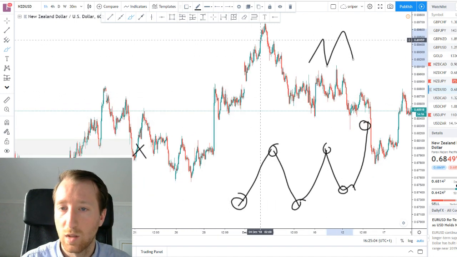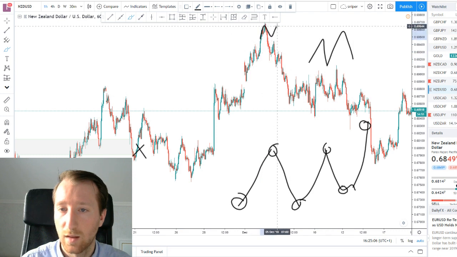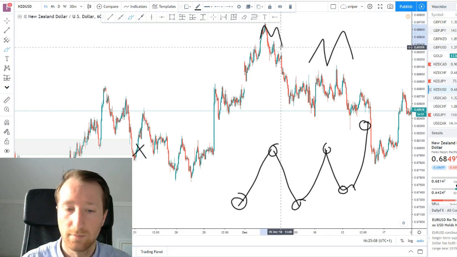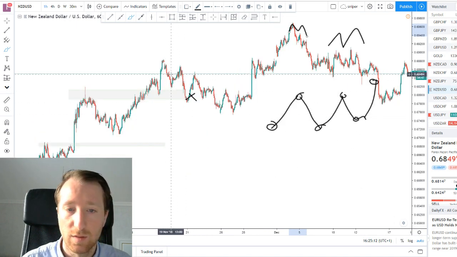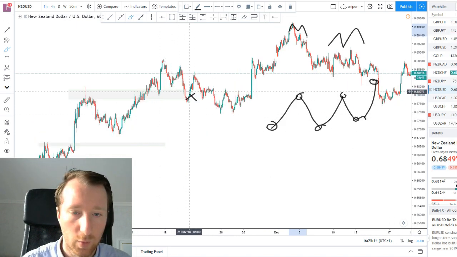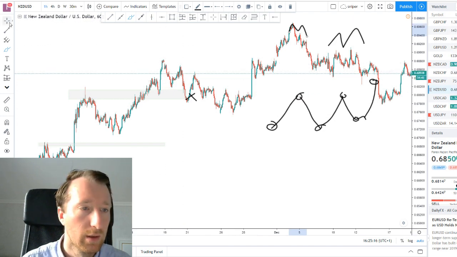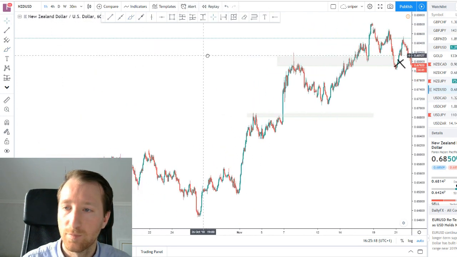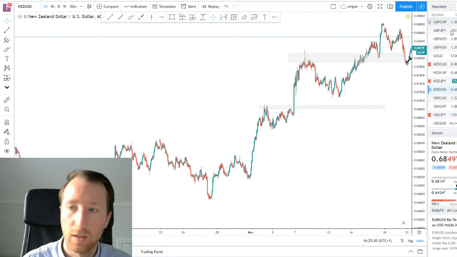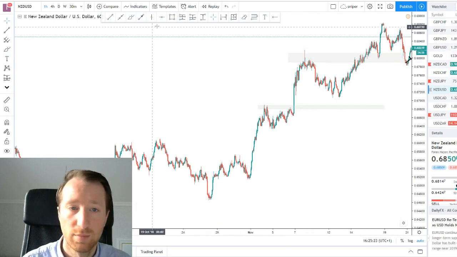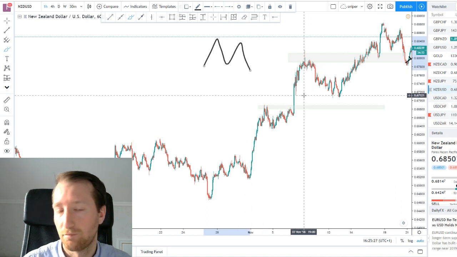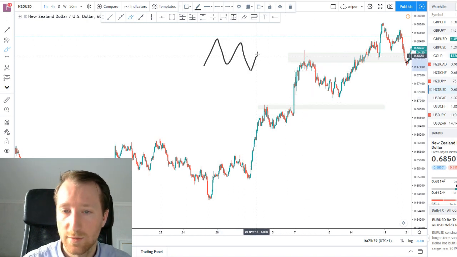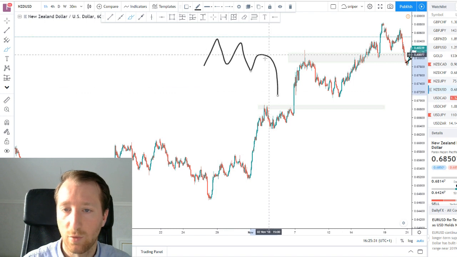So I would love the price to do this, this, and then fall. Then I'm in. Okay? You can also agree that if you were looking at only this right now, you can say up in the corner here that this is a double top, which I just showed you, like this. Then you wait for it to come back up again before it's falling. That's when you enter.